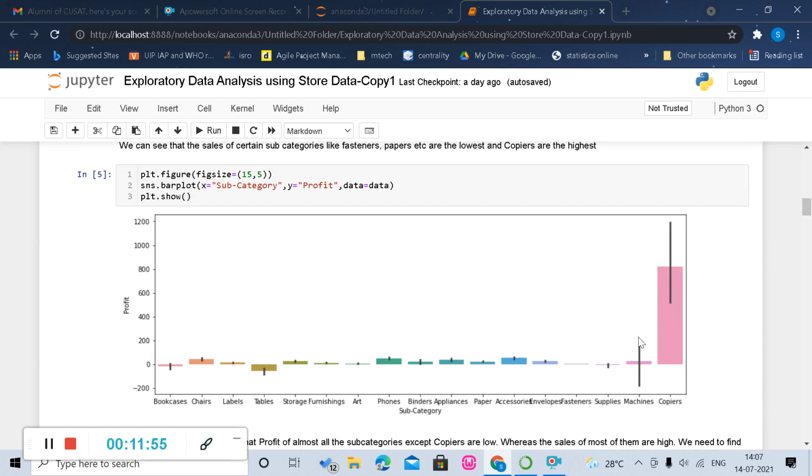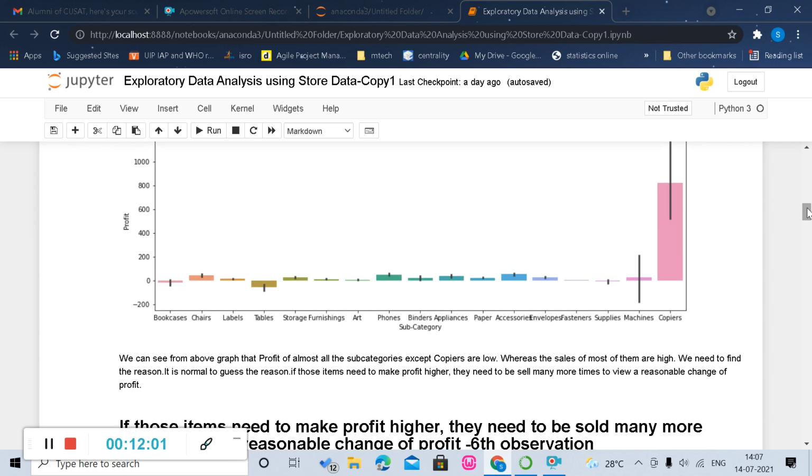You can see it over here. So you need to find out the reason, maybe work more on the sales of those particular items, because even after so many sales there is no profit. You need to find more business techniques to increase the profit of the same.